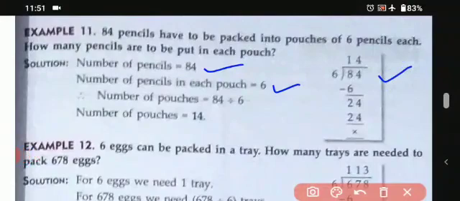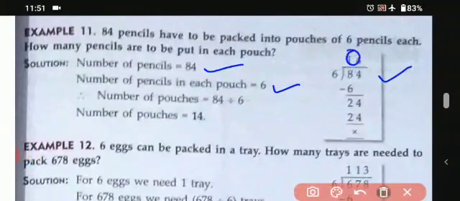6 ones are 6. Because we don't have a smaller digit than 8, it will go one time. So we'll write here 6 ones are 6. 8 minus 6, that is 2, and the 1 we will write here. After that it comes as 24. Does 24 come?